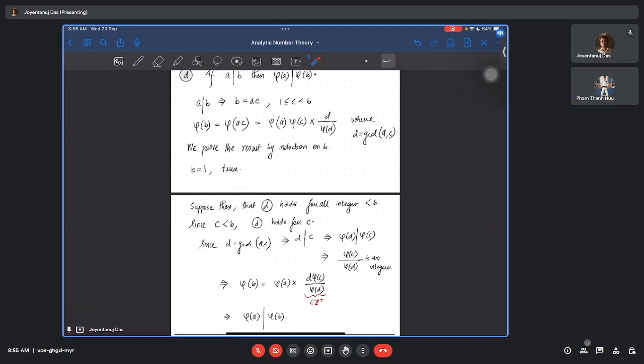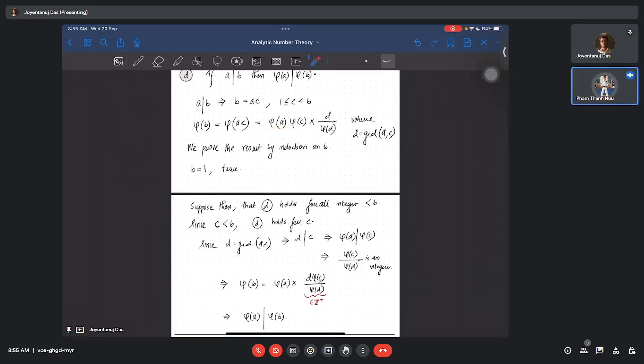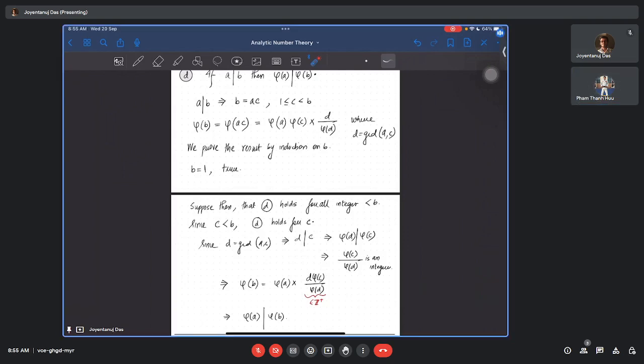Because what I have to show is, for phi of B, that phi of A divides phi of B, right? So here we simplified what we have to show.